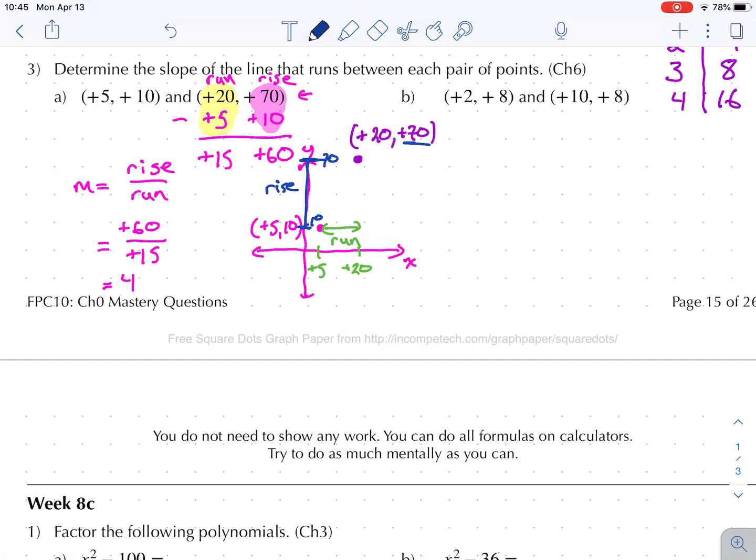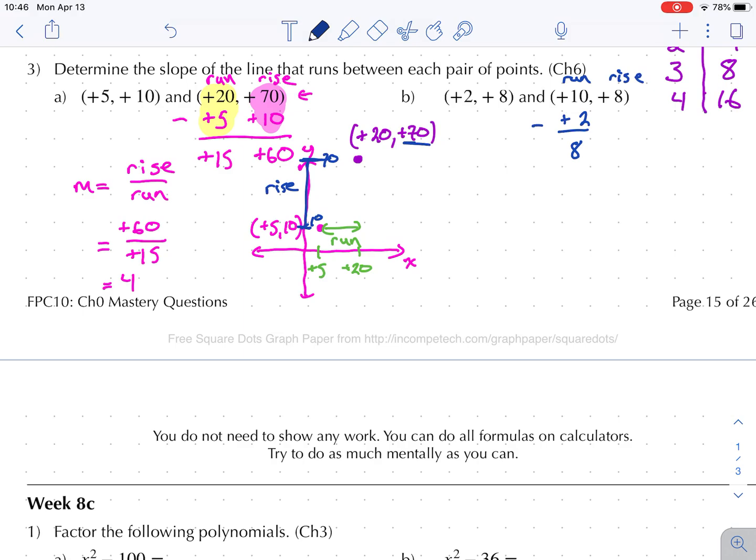All right, so let's try the same process in the next question. So I have my first point at plus 2 plus 8 and my second point at plus 10 plus 8. So to figure out my run, I do plus 10 subtract plus 2, which will give me a run of 8.